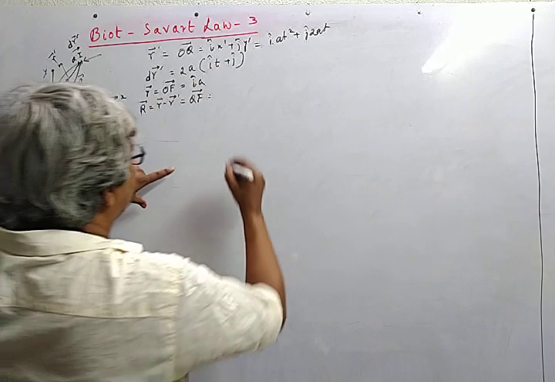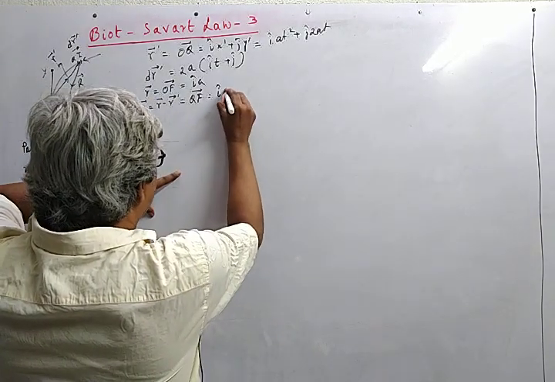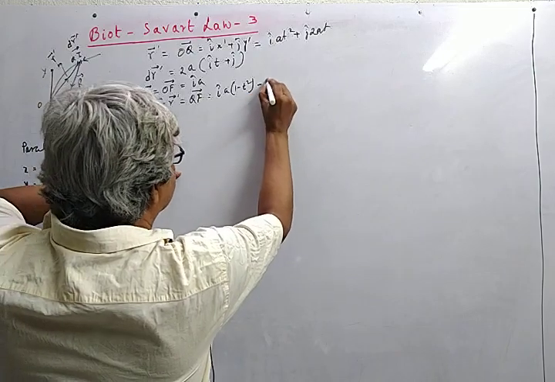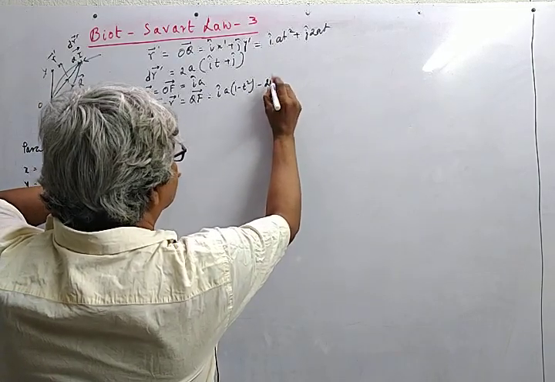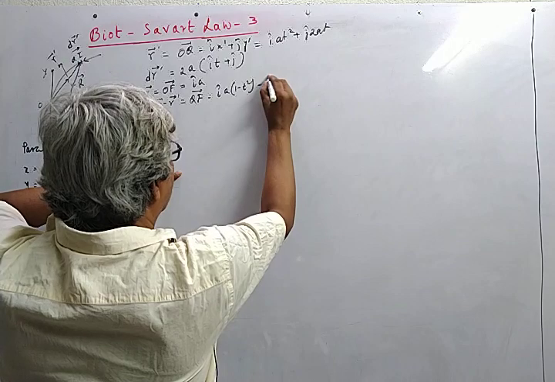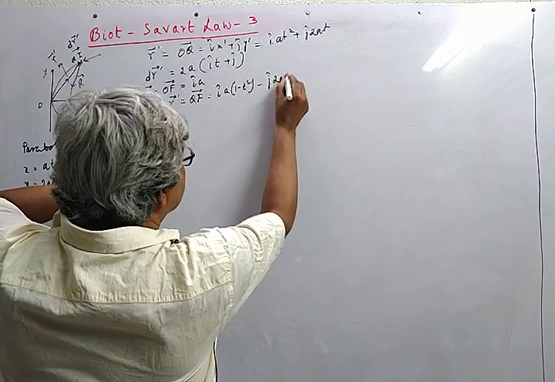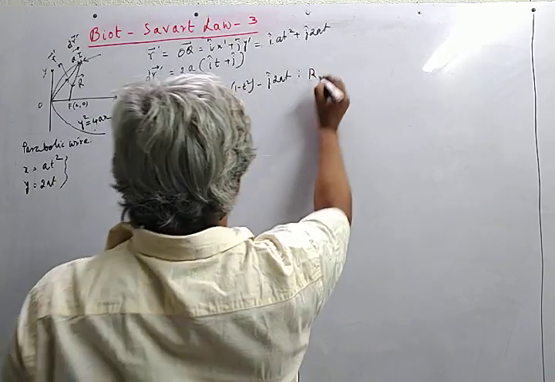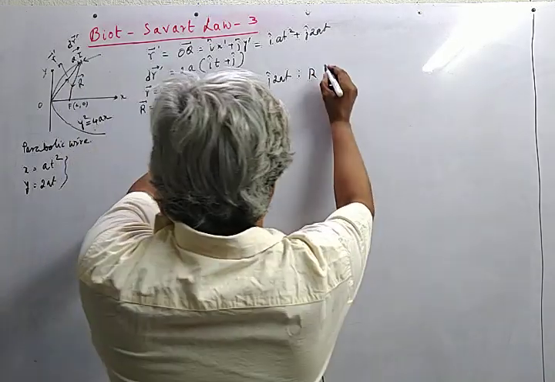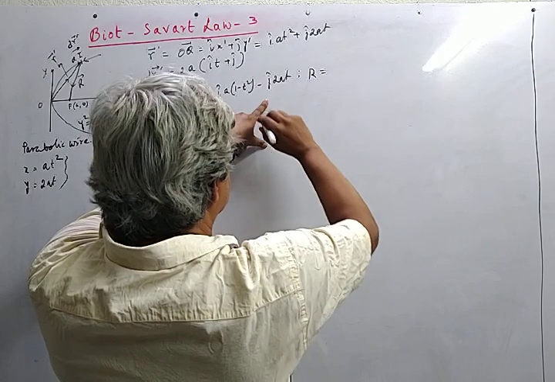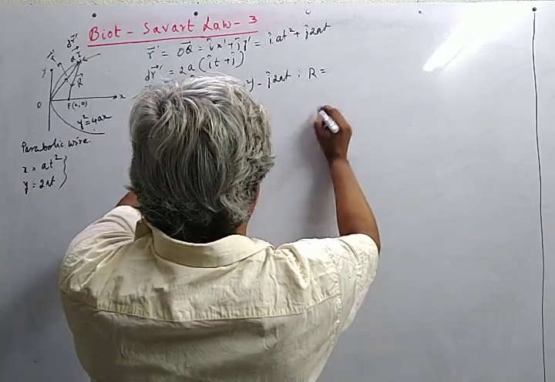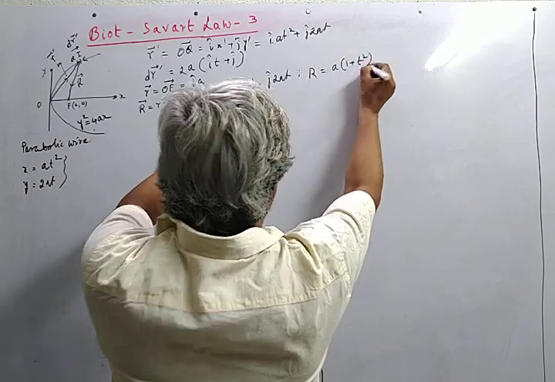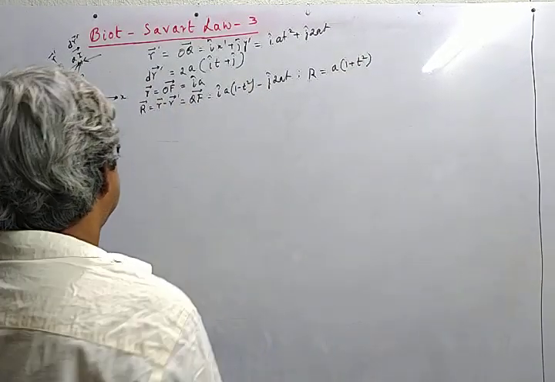This in our case is i cap a times 1 minus t square, minus j cap twice at, and the magnitude of R is this square plus this square, square rooted. This is the magnitude of R.